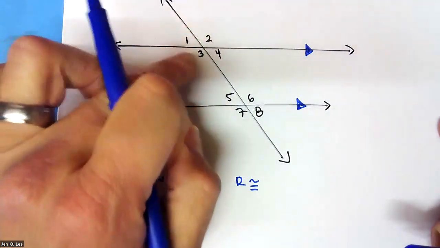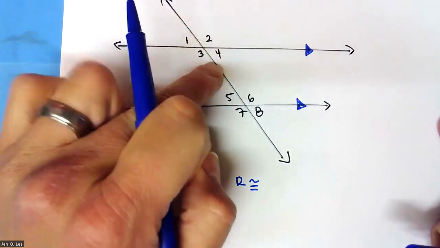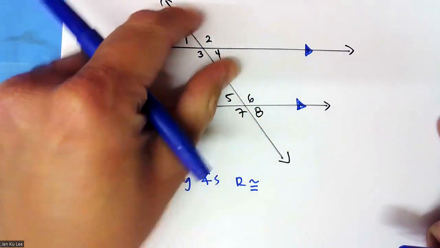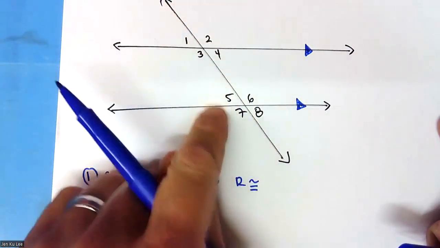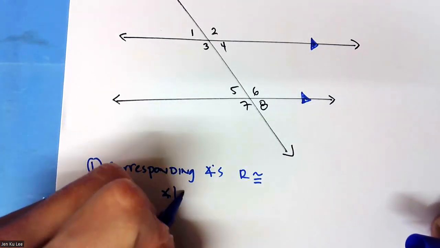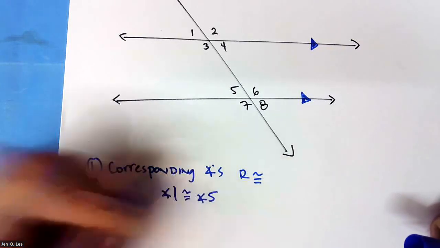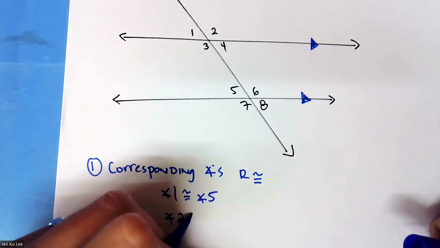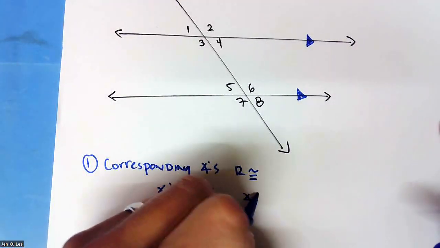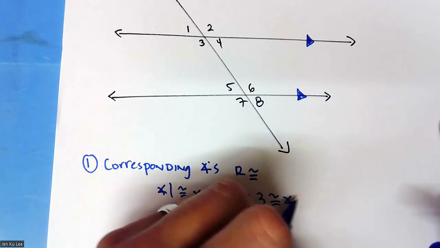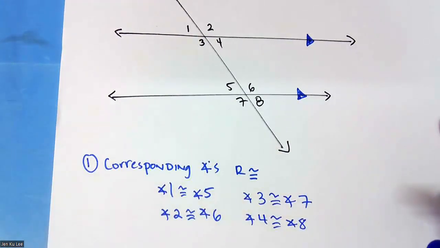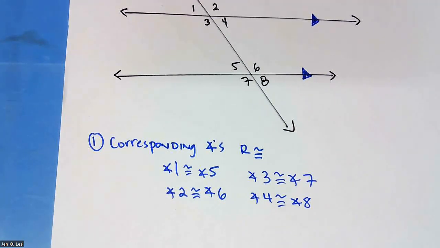Remember, if you take angles 1, 2, 3, and 4 as one group, and imagine a little escalator coming down on this group, angle 1 is in the same position as angle 5. So angle 1 is congruent to angle 5. Angle 2 and angle 6 are also corresponding angles. Angle 3 is congruent to angle 7. And then angle 4 is congruent to angle 8, right? Those are the corresponding angles.